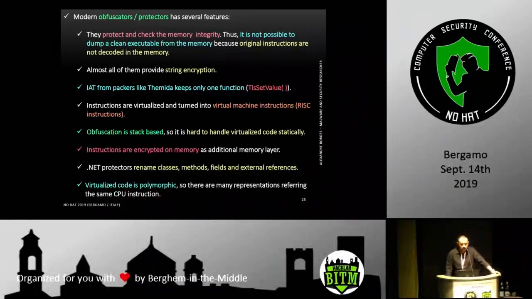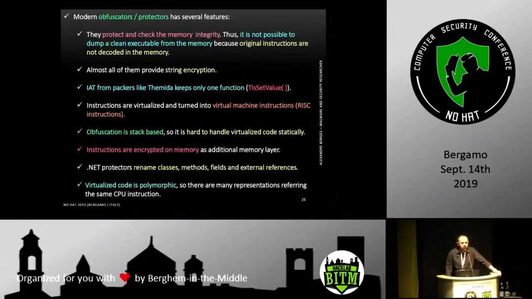For example, some obfuscators try to protect the memory to prevent dumping it. Other obfuscators, most of them, encrypt all of the strings. Most of them try to manipulate the import address table.